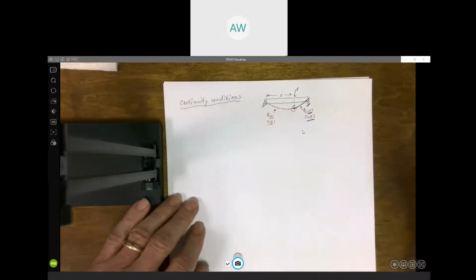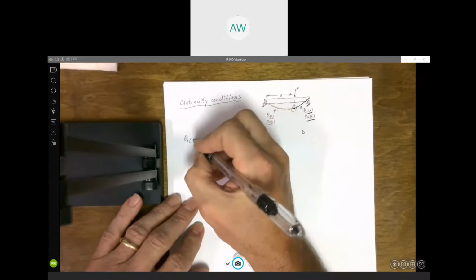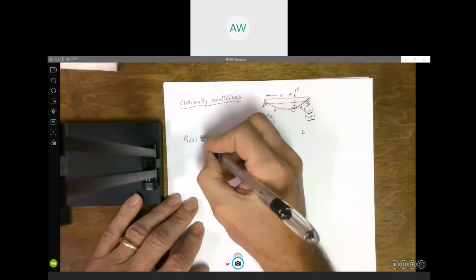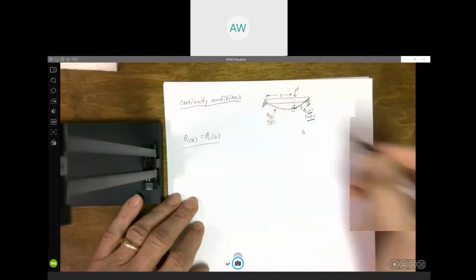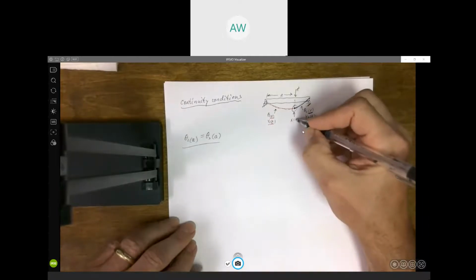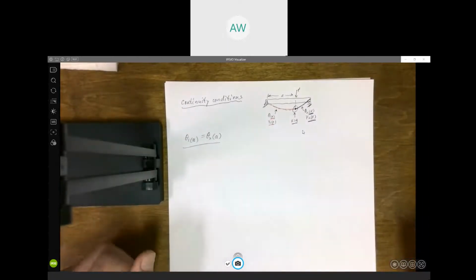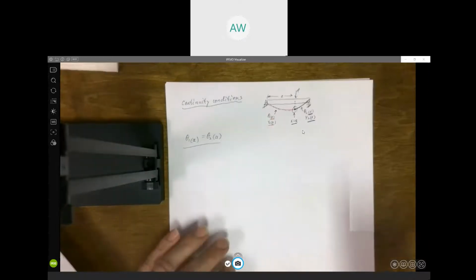So the continuity condition here is that, again, theta 1 when x is equal to a has got to equal theta 2 when x is equal to a. Right here, x equals a. And so I go back to those two equations. I plug x equals a into each one, and I set them equal to each other.